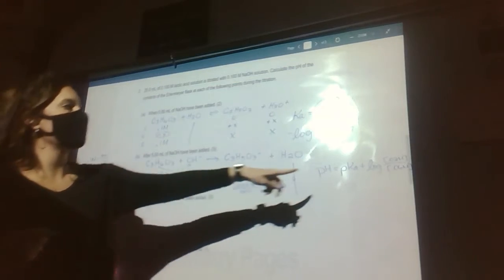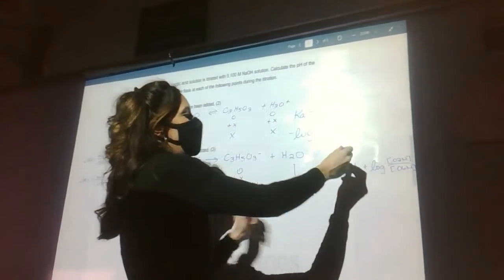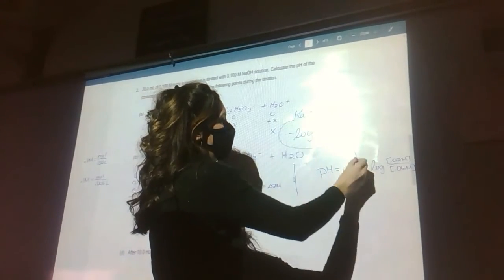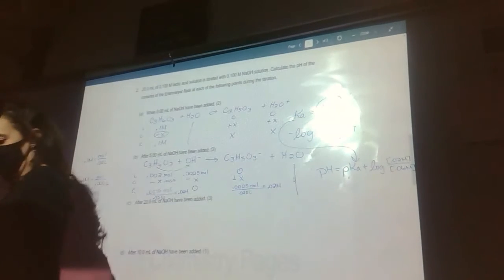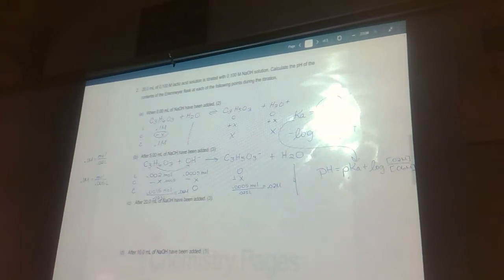And the pKa is the negative log of the Ka that was from the problem before. So that's a buffer. If you're doing a titration with a weak acid and a strong base, you produce a buffer before the equivalence point. Up to the equivalence point, it's a buffer.